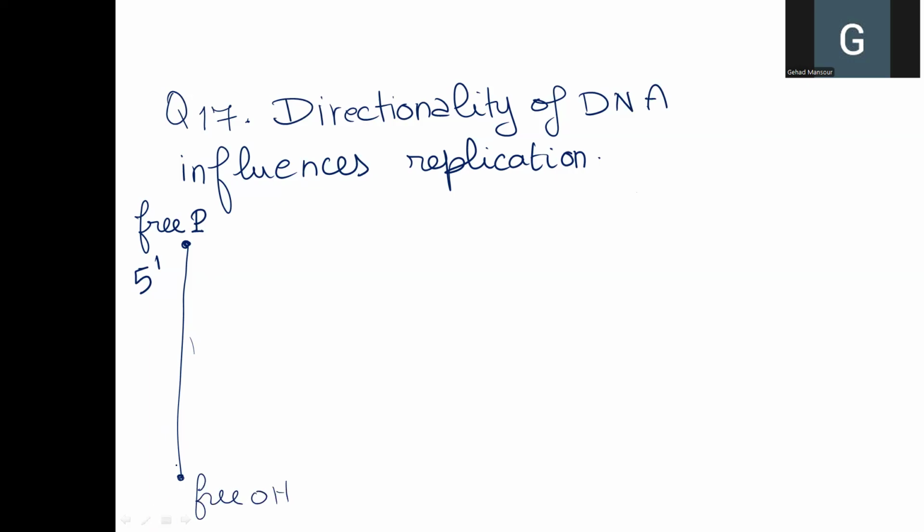And since the hydroxyl group is bonded to the carbon atom number 3 prime of the ribose sugar, then we call this end the 3 prime end. So what is the 5 prime end? It is the end at which we have a free phosphate group. And what do we mean by a free phosphate group? We mean a phosphate group that is not bonded to anything afterward.